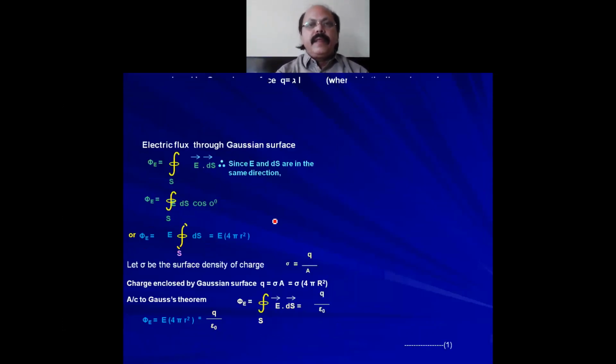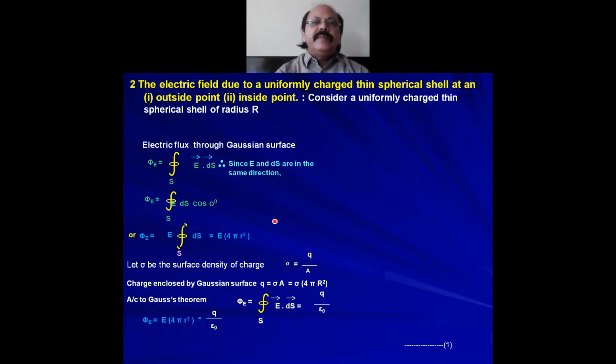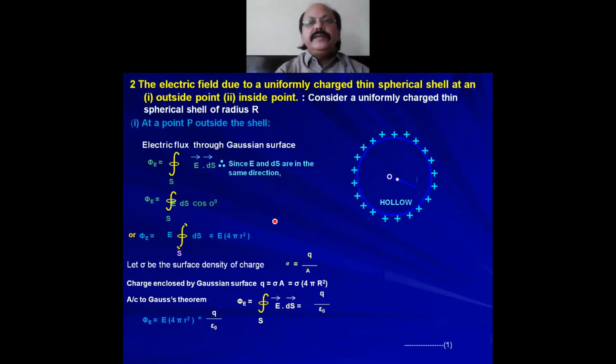Now we take the second application, which is also very important. That is the electric field intensity due to a uniformly charged thin spherical shell, first at a point outside, second at a point inside. You understand that we are taking a spherical shell.